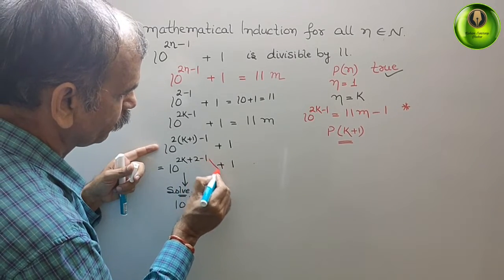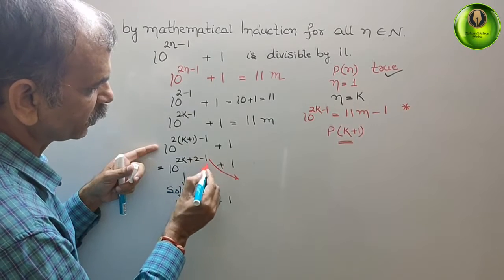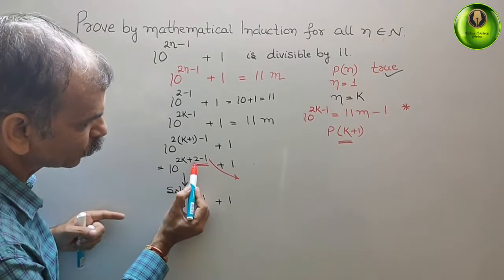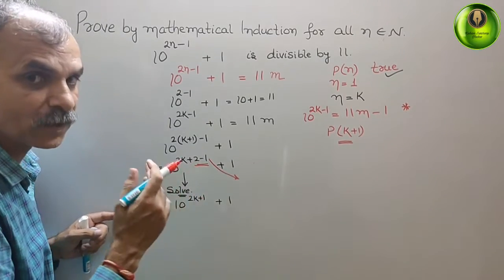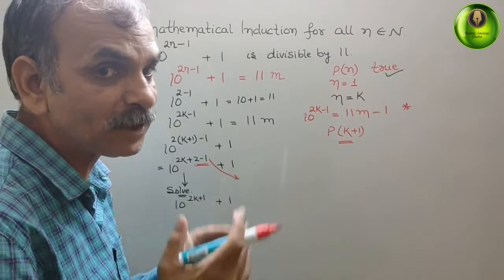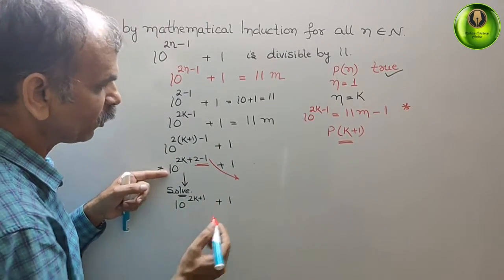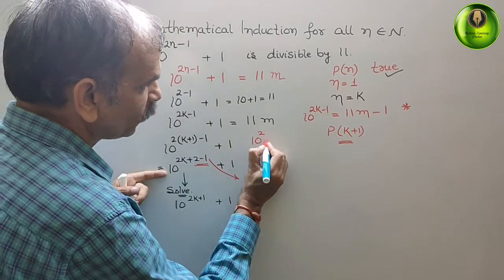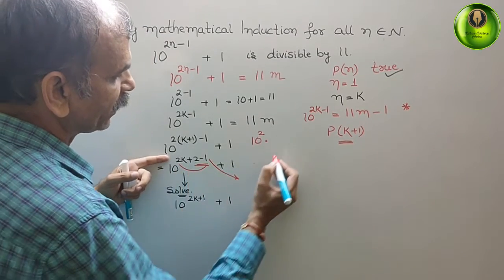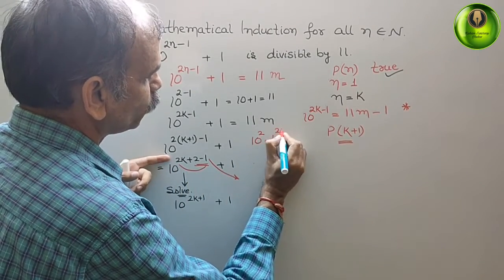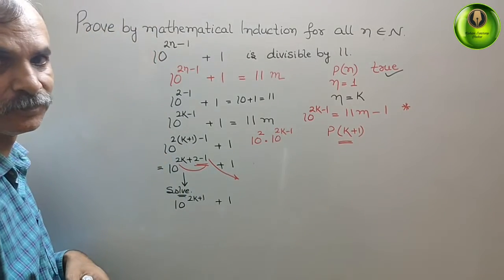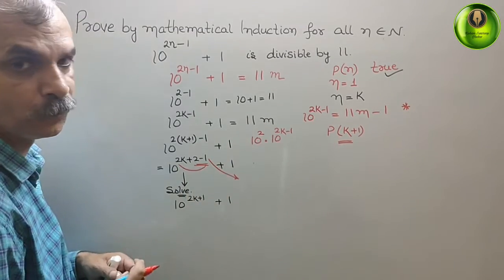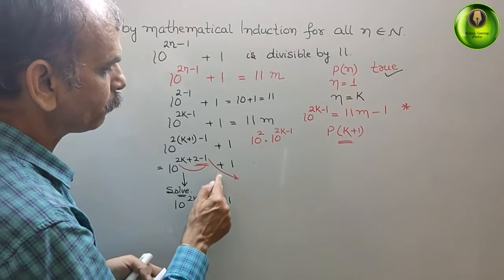But if you are not solving this, what will you get? See, 2 is there. If we are writing plus 2, that means it is in the multiple of that. So here you will get 10 square into this value, that is 10 to the power of 2k minus 1, then the remaining is plus 1.